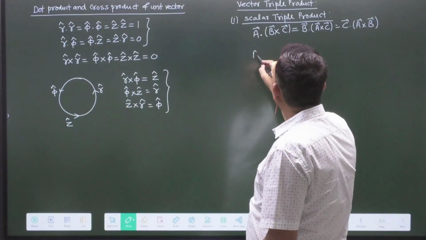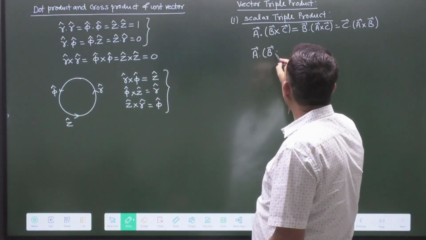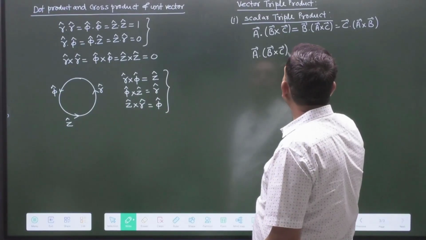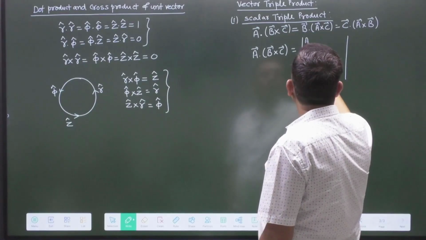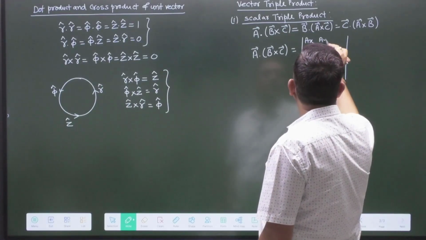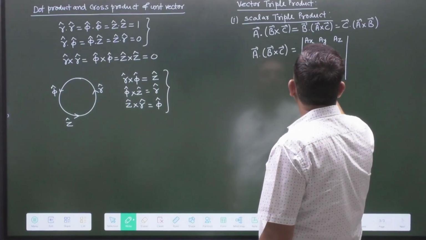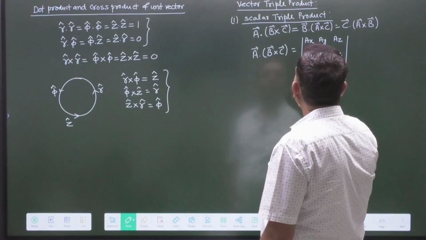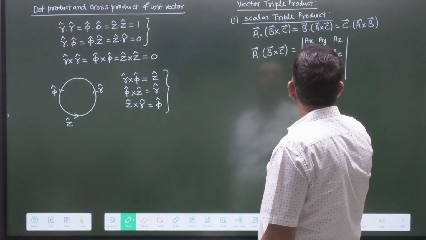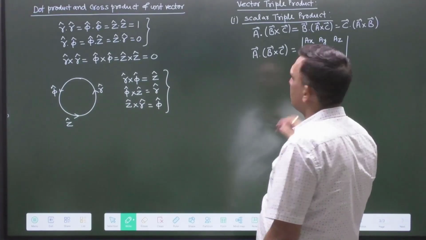And for calculation purposes, in component form, you have to use this determinant, and here you have to write AX, AY, and AZ. This is BX, BY, and BZ, and this will give you CX, CY, and CZ.